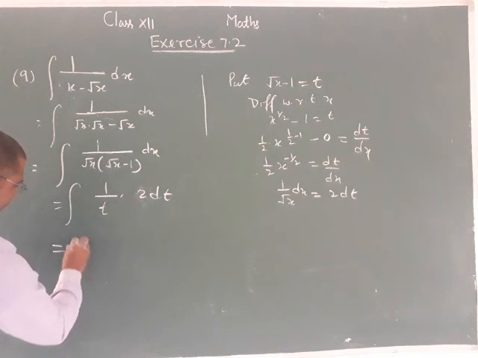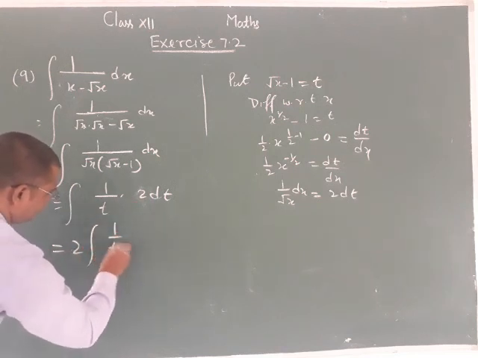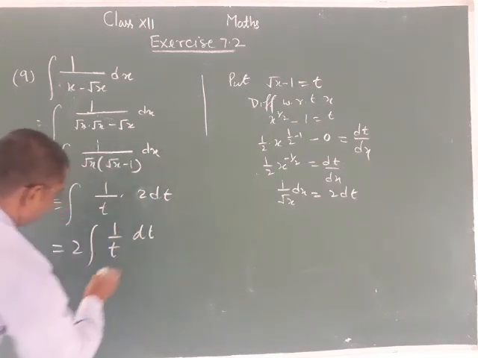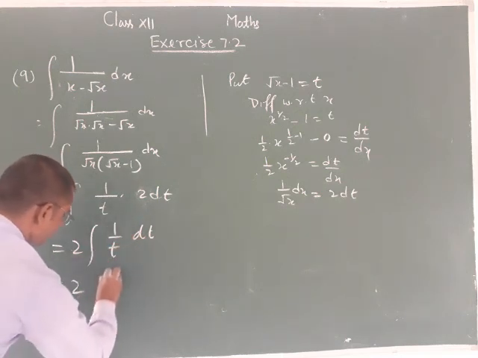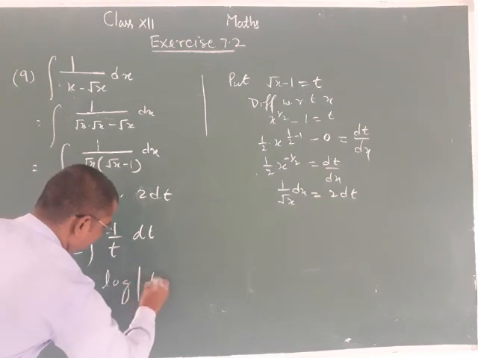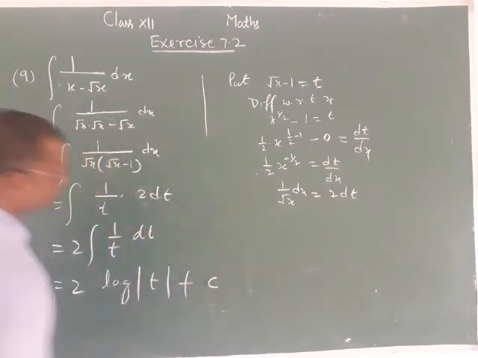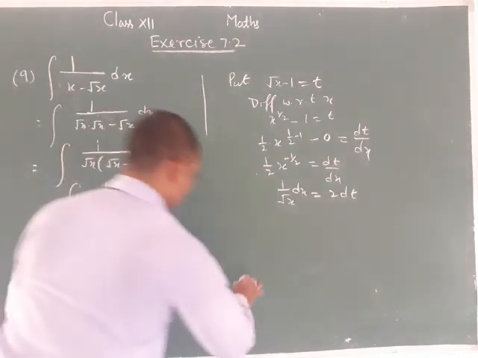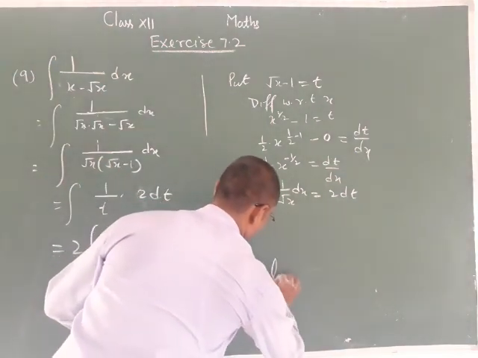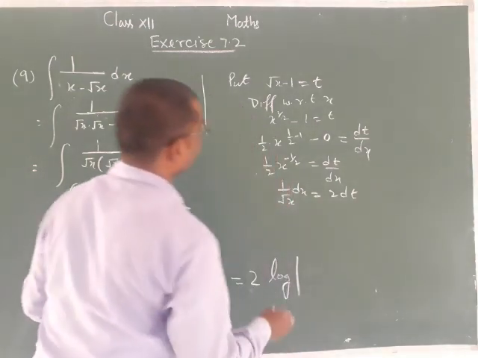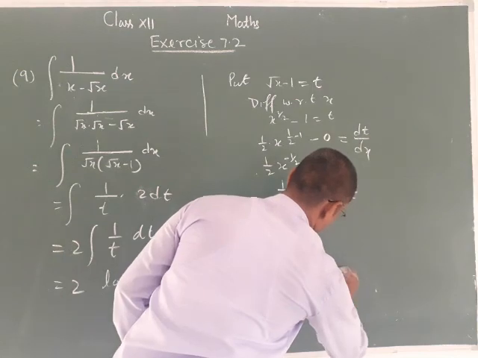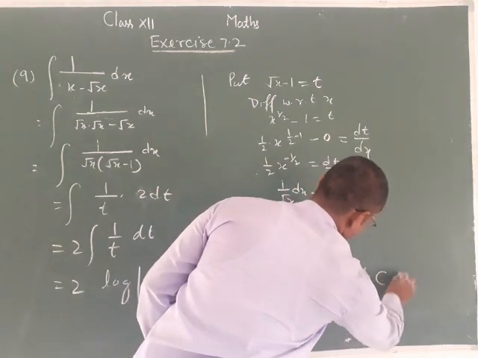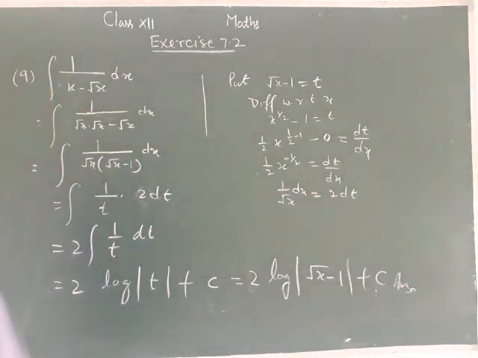Now 2 comes out, integration of 1 upon t dt. So the integration of 1 upon t dt is log mod of t plus an arbitrary constant c, and we can also write 2 log mod of (root x minus 1) plus c. This is the answer.